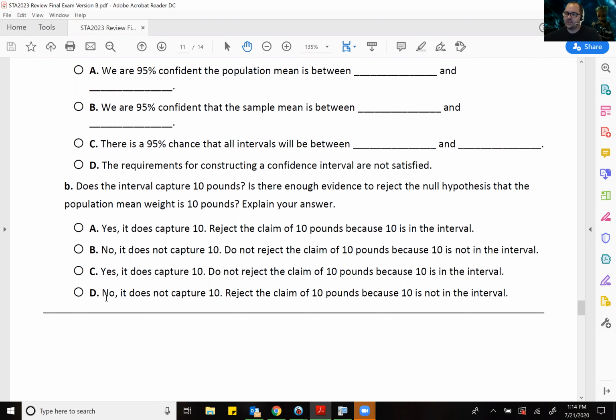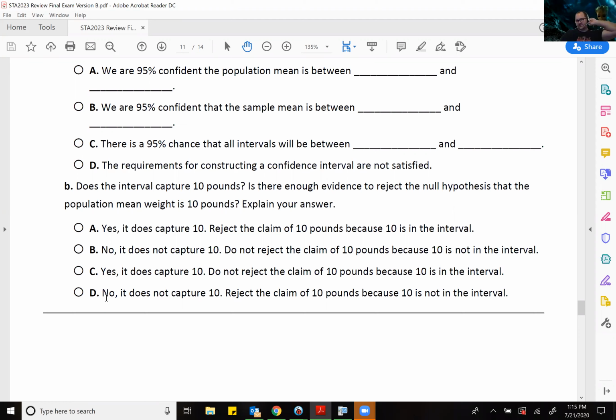Reject the claim of 10 pounds because 10 is not in the interval. And there we go.